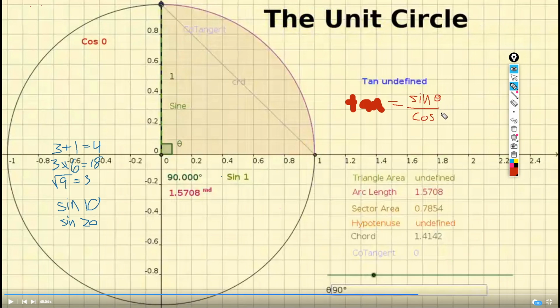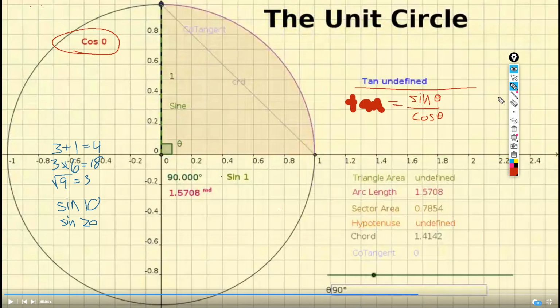Tangent is just a ratio of sine and cosine. And what's cosine right now? Cosine of theta is 0. What happens if we divide by 0? We get undefined, right? You can't divide by 0. So that's why this is undefined right now, because we're dividing by 0.